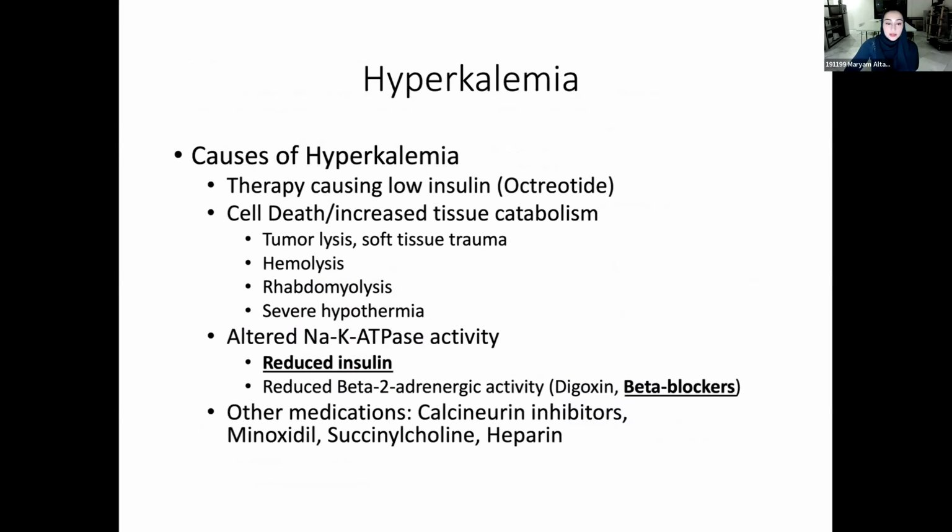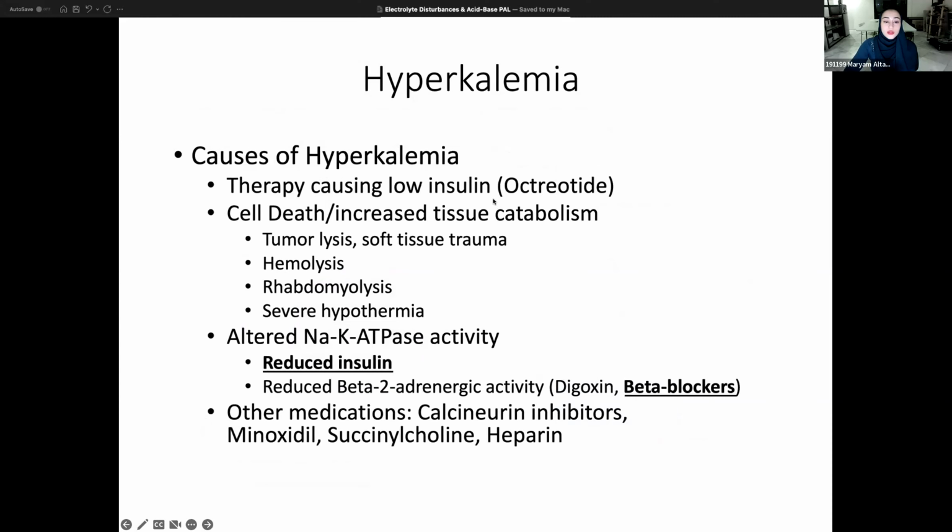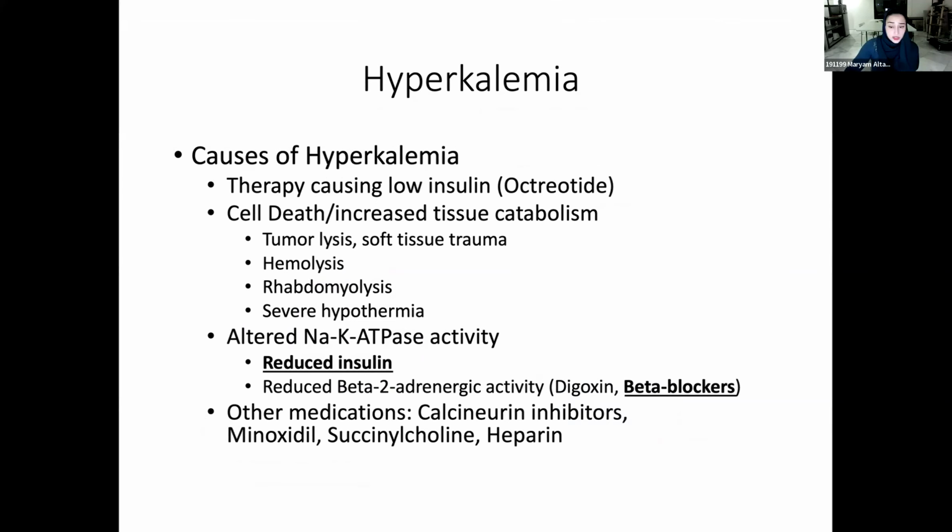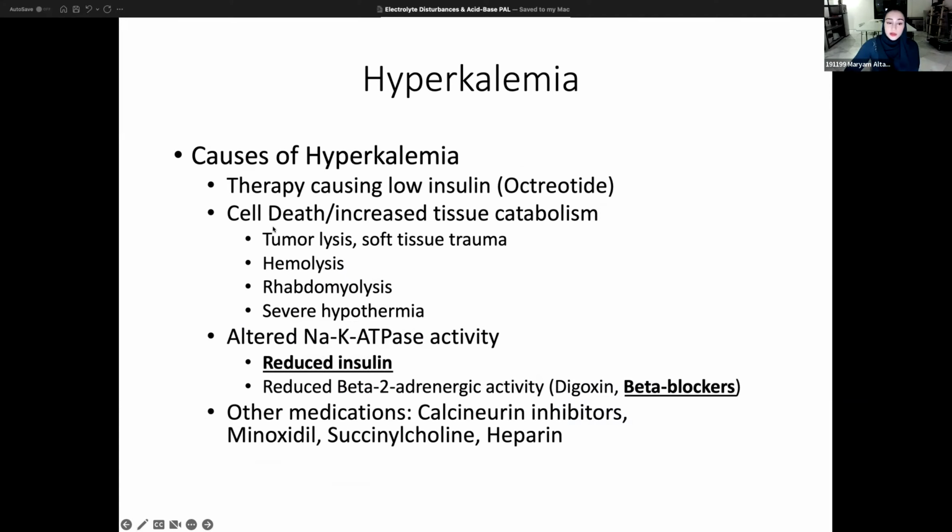All right. So now let's continue on causes of hyperkalemia. Therapies that cause low insulin, same thing, same line as diabetes. So this would be octreotide, which decreases secretion of a lot of things. You're going to see that more in GI, inshallah. And then other causes of hyperkalemia like cell death or increased tissue catabolism. So remember, this is what we said before.